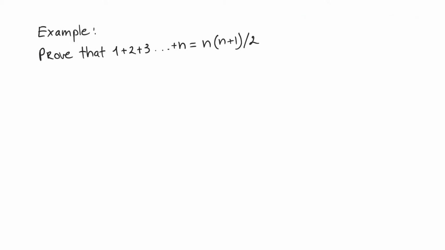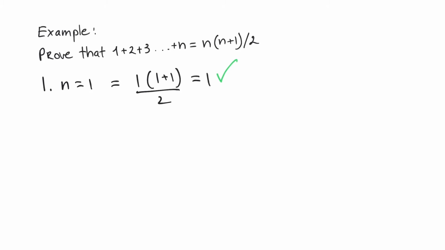Let's say first n equals 1. On the left-hand side, it's just going to be 1. On the right-hand side, we have 1 times 2 divided by 2, and that equals 1, which is our left-hand side. All right, that proves our basis.